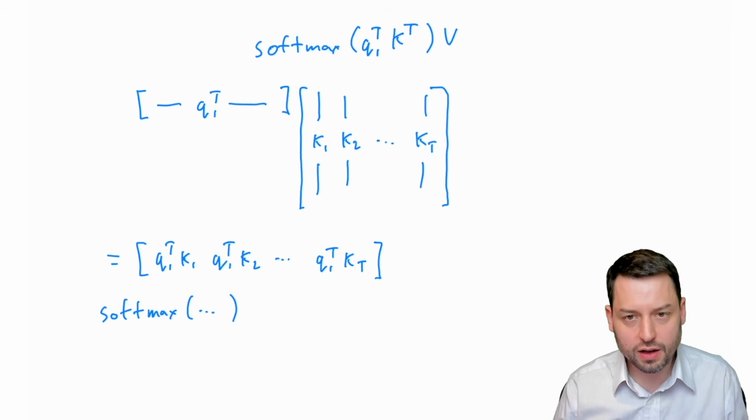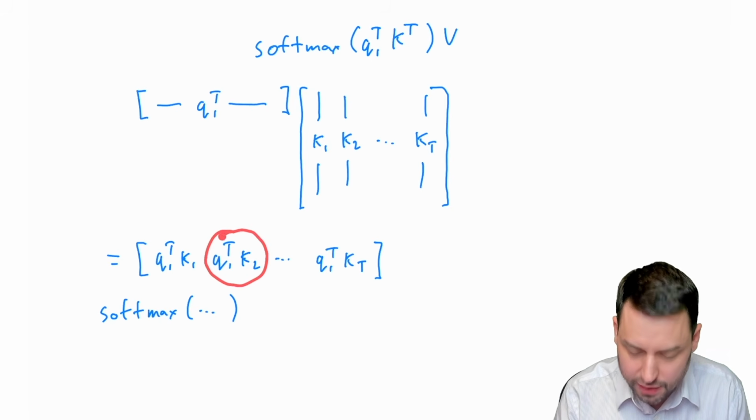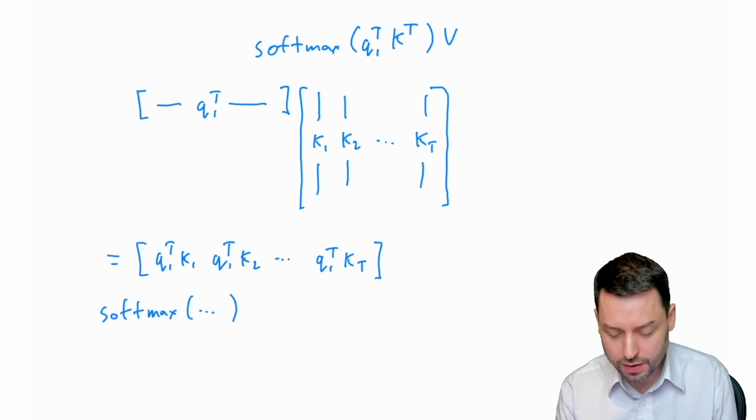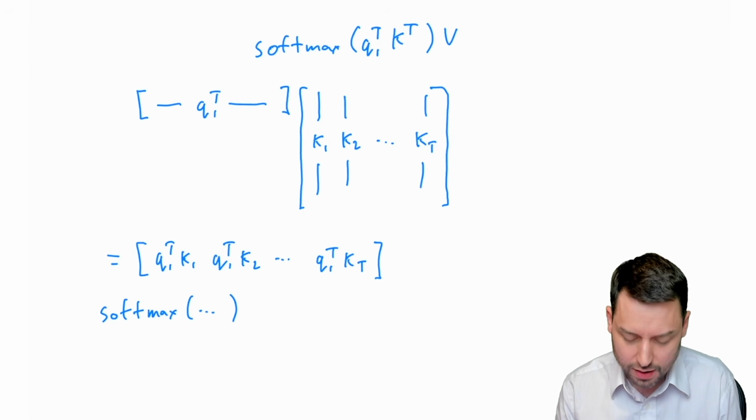Conceptually, suppose there is one element in this vector that's really big because it is very similar to Q1, and every other element is small.